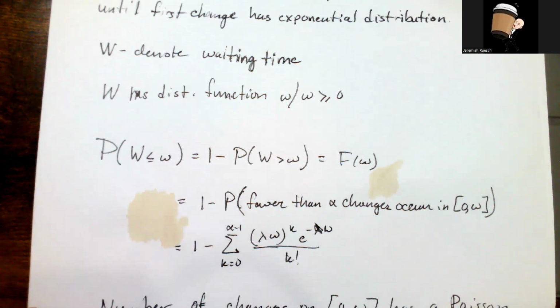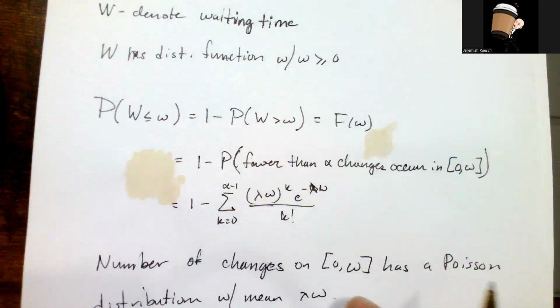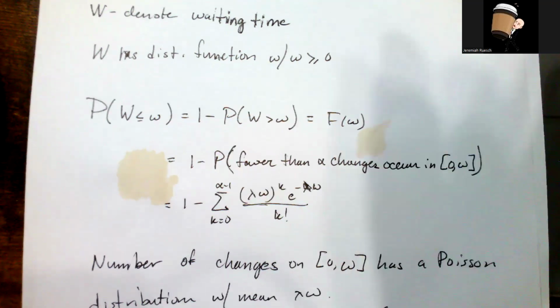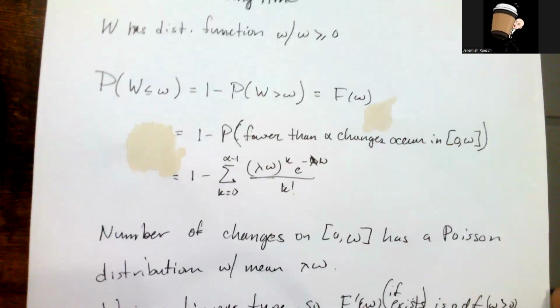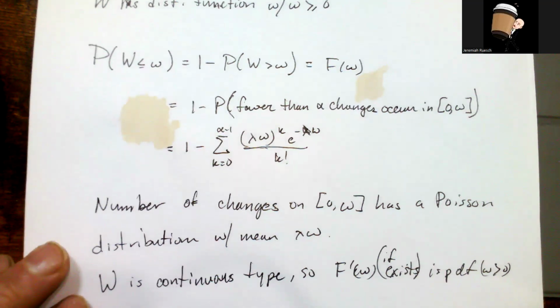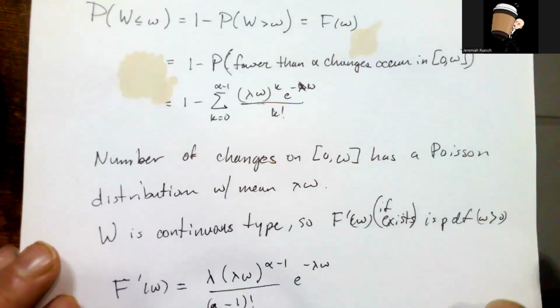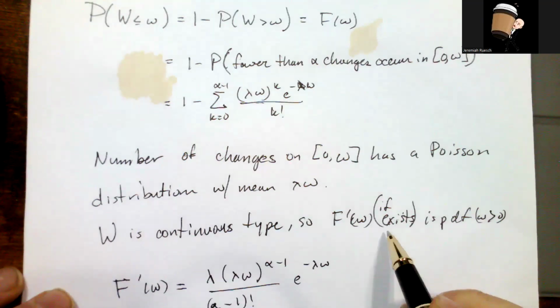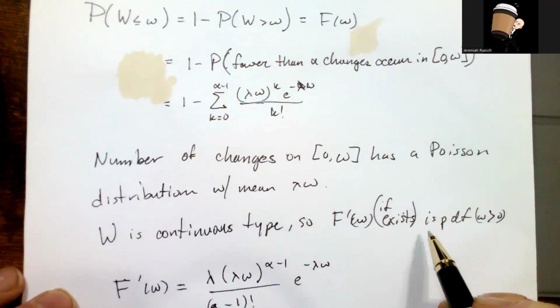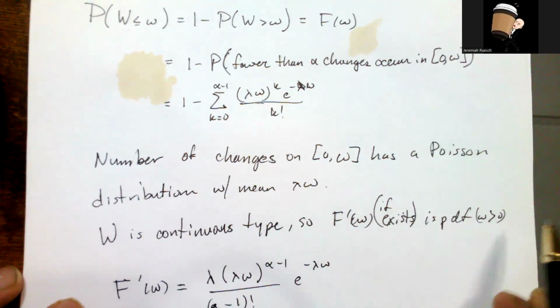course. Okay. And so the number of changes on the 0 to W has a Poisson distribution with mean lambda W, and W is a continuous type. So that's important because that tells us then that F of W, if it exists, okay, so the derivative has to exist there, is the PDF with W greater than 0.